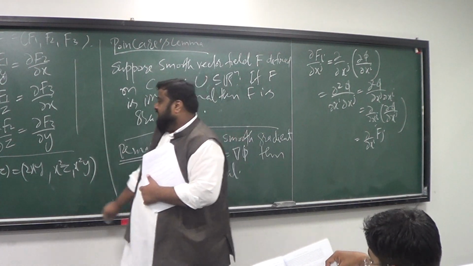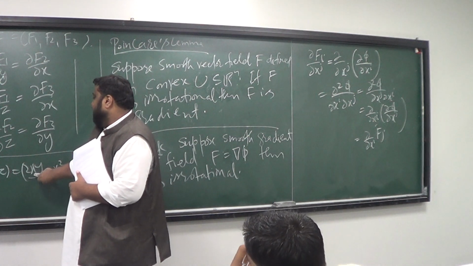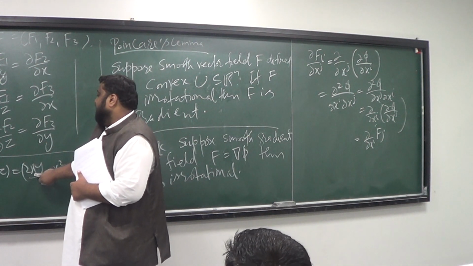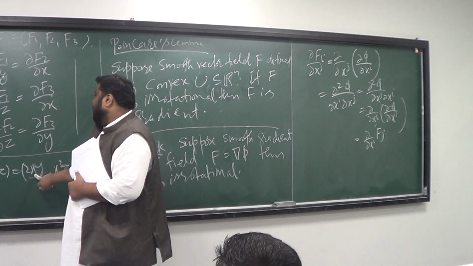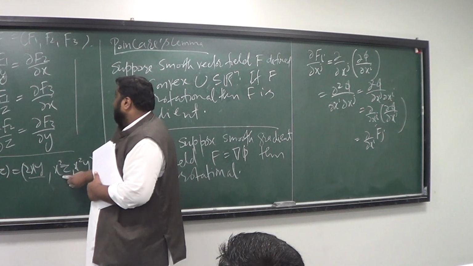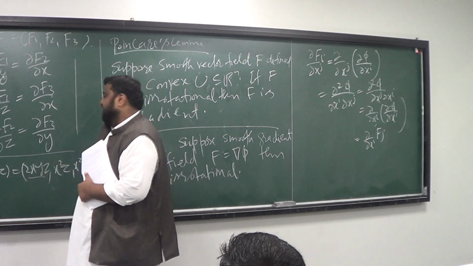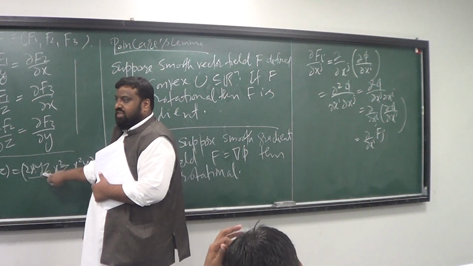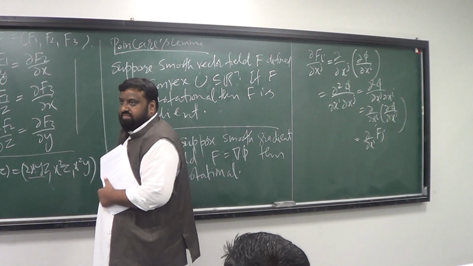So think about it. The derivative of f1 with respect to y is going to be 2x, and this is going to be equal to the derivative of f2 with respect to x, there must be a z here. Yes. So it's going to be 2xz. So you can see that it satisfies the condition.